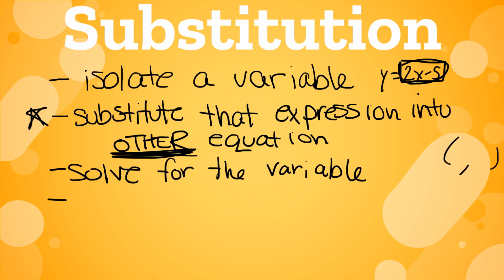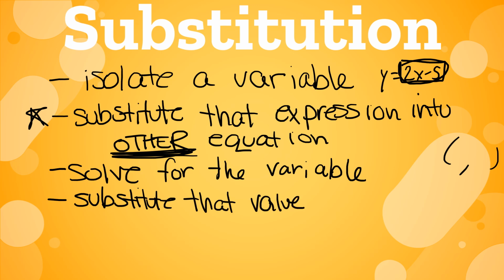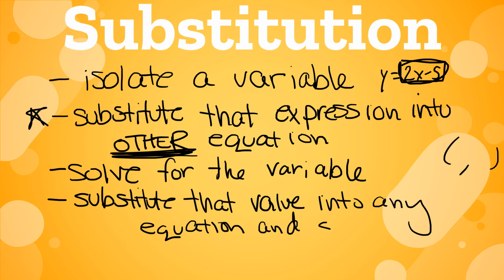Once you have one letter, you're going to substitute, again, that value from the previous step into any equation and solve. So what that means is if I know x is 7, take that 7, plug it in somewhere, and find your y value because you need an x and a y value.